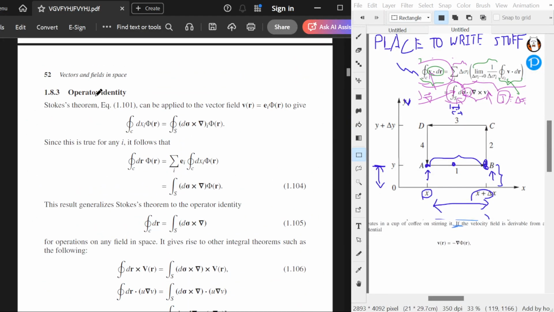Operator identity. Stokes' theorem. Stokes' theorem can be applied to the vector field, equal this. I agree. Scalar field.